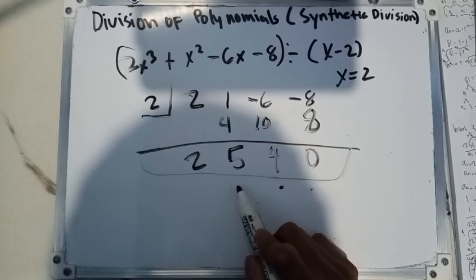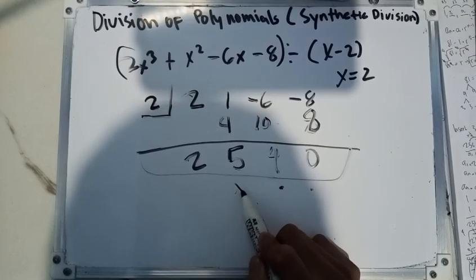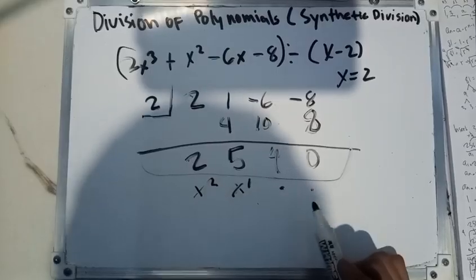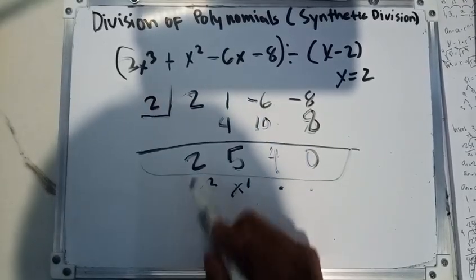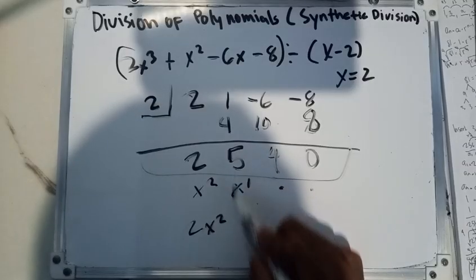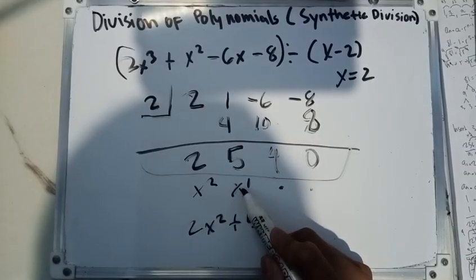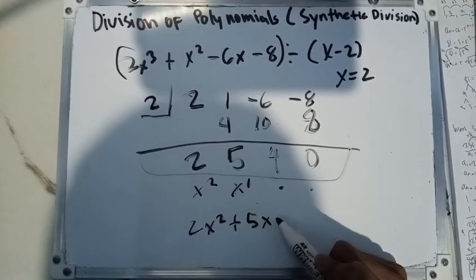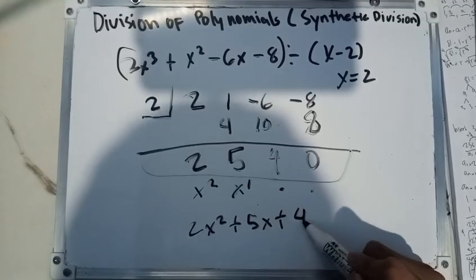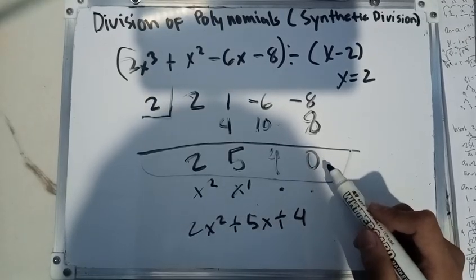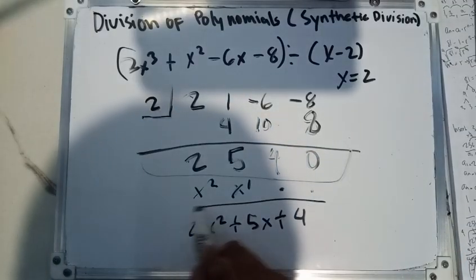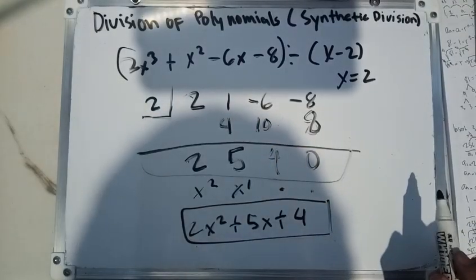Then this term corresponds to x raised to 1, and this term corresponds to x raised to 2. So 2 corresponds to x squared, 5 corresponds to x, then plus the constant term, which is 4. Since there is no remainder, our answer is 2x squared plus 5x plus 4.